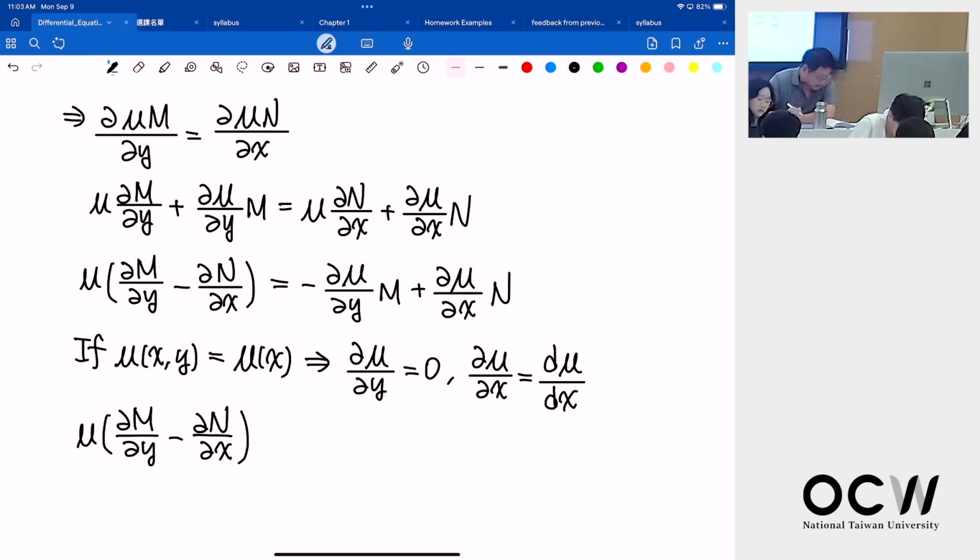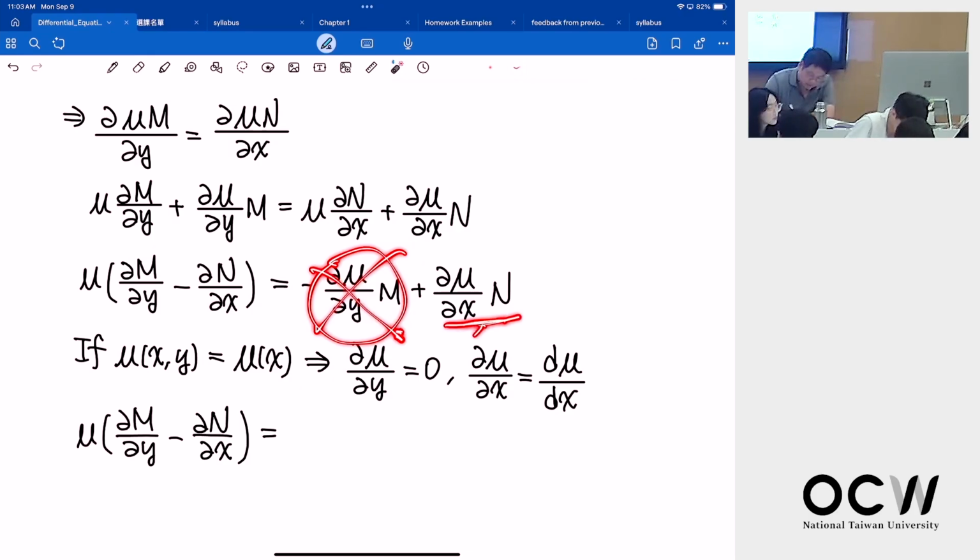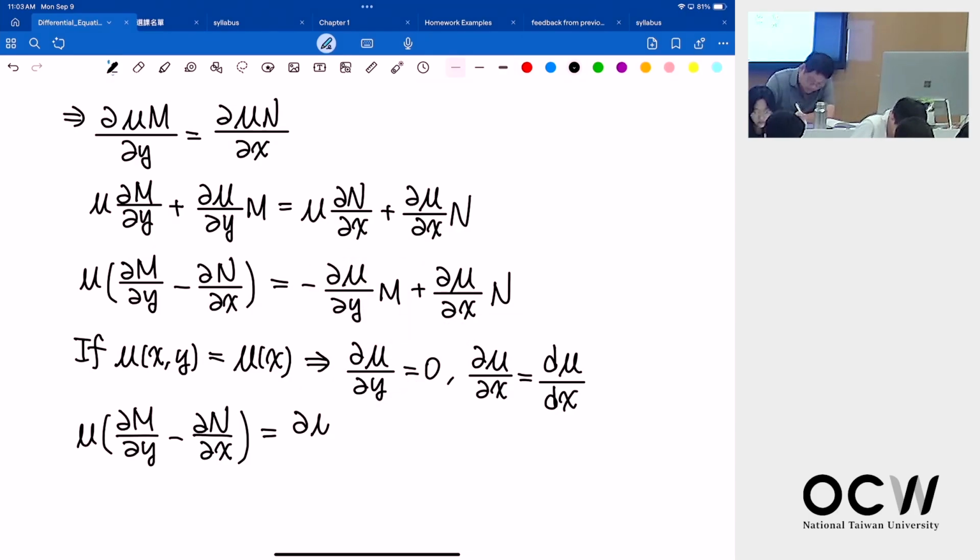Then the right hand side, since this is 0, I only have the last term, partial mu over partial x times N. Now suppose this N is not 0.